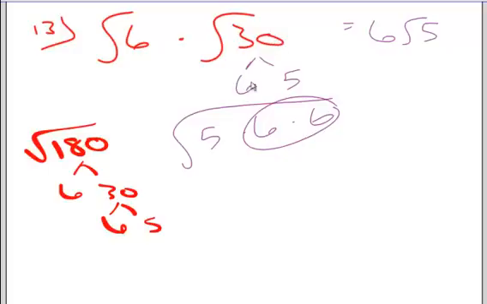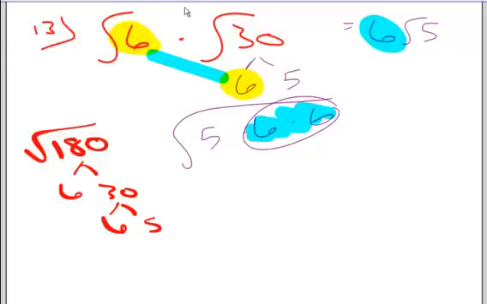Or I can try and break 30 down prior to using the square root of 6 as an option. I want to try and use factors of 30 that include a 6. That way I can put these two together to give me that 6. You're going to notice there's a couple different ways to solve these problems, and you have to use whichever one you're most comfortable with. You'd rather deal with one single number than multiply it together and break down what could be a much larger number.